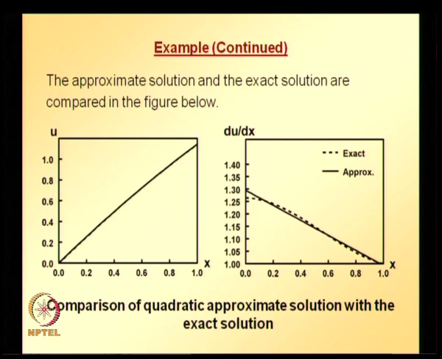And please remember, whatever approximate solution we got here is based on the quadratic trial solution that we started out with. Okay. So if you want to increase the accuracy, here you can already see that the approximate and exact u are almost overlaying each other, but if you see the derivative of u there is some error. If you want to reduce this error you can go for a higher order approximation. Okay. So you can start with a cubic polynomial as a trial solution and follow the same process.